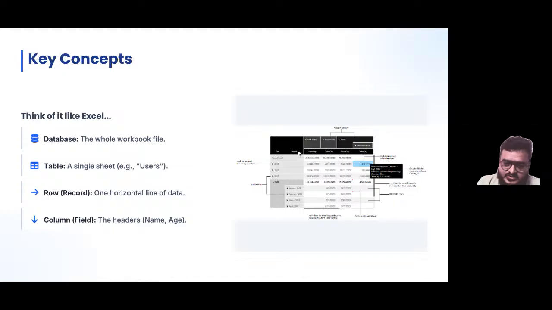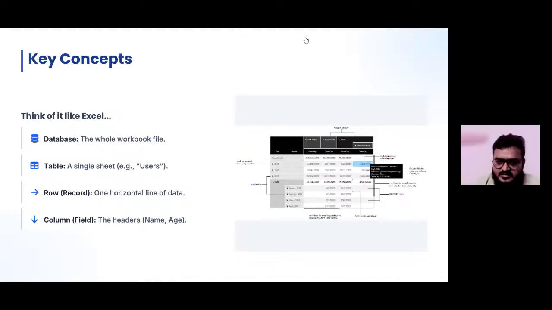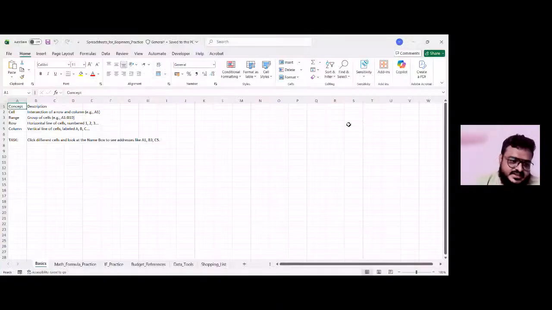Let me show you how Excel works. I'm sharing the screen. Here is the Excel file, right? You can see this is one entire workbook. Here you can find multiple sheets. This is a basic sheet, this is a formula sheet.